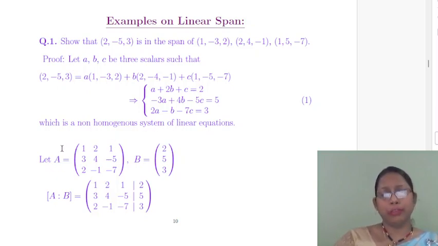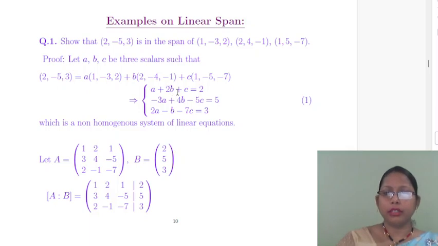So write it in matrix form. Here coefficient matrix A is obtained from the coefficients of A, B, C in the three equations. In the first equation, coefficient of A is 1, coefficient of B is 2, coefficient of C is 1. In the second equation, coefficient of A is minus 3. Replace it by minus 3.